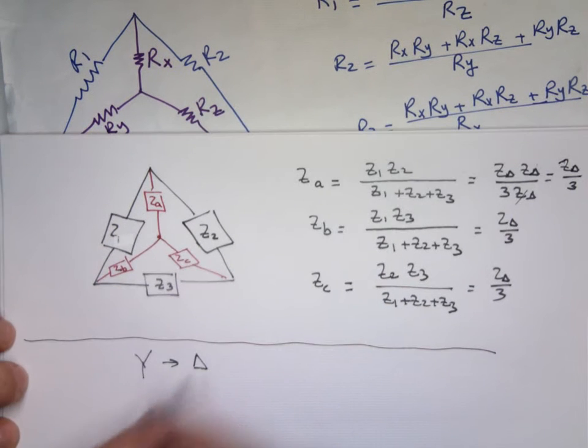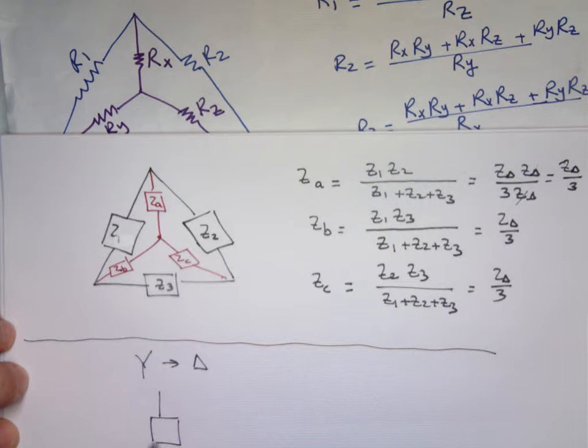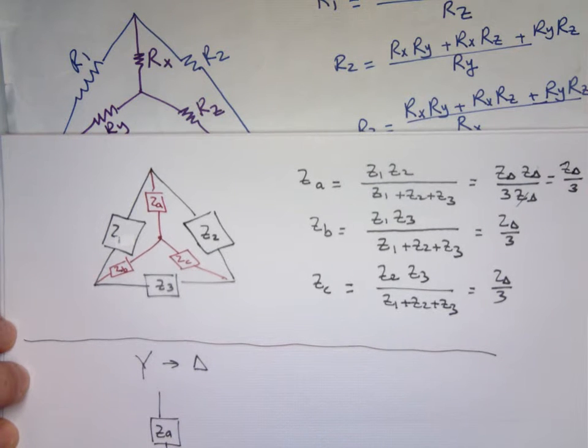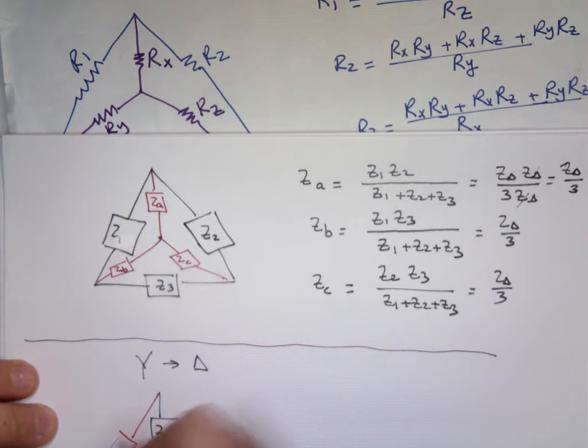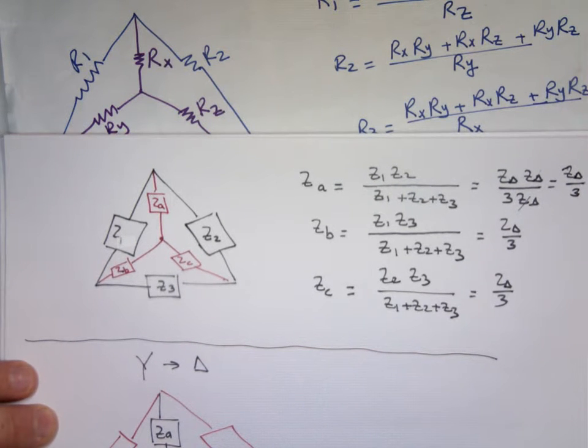If you have the Y values, which are ZA, ZB, and ZC, and you want to find the equivalent delta, I'll use what you're finding in red here: Z1, Z2, Z3.